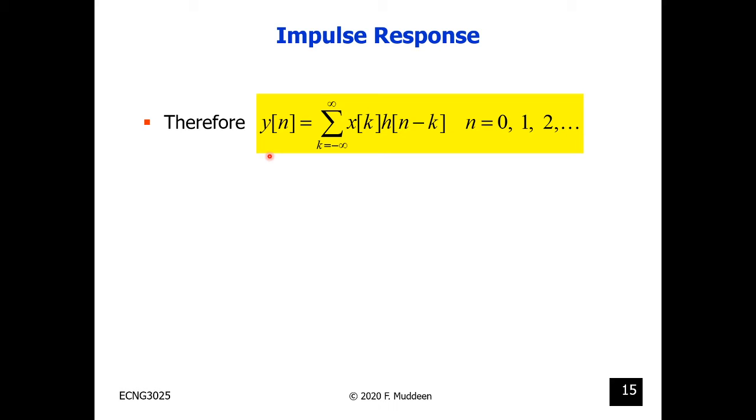And this maps back to where we were discussing how an input discrete time signal can be manipulated by a system h in order to produce our output discrete time signal y of n.